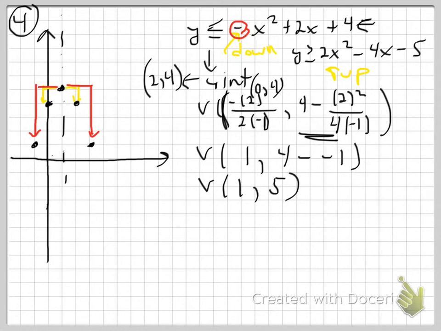I noticed that this was less than or equal to, so it's solid and all the y's are smaller than the parabola. So in green, this parabola looks like this.